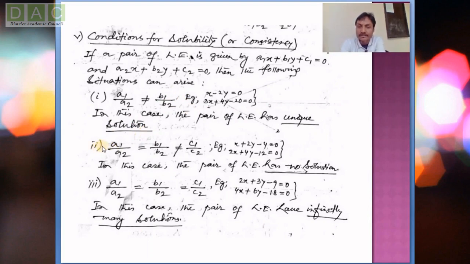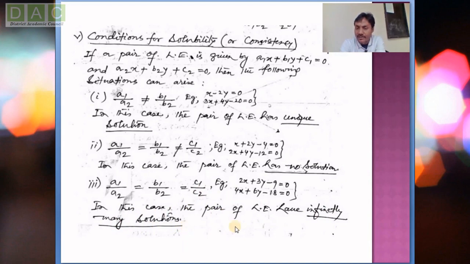Once again we see here, a1 by a2 equals b1 by b2 not equals c1 by c2. In this case, the pair of linear equations has no solution. The third one, a1 by a2 equals b1 by b2 equals c1 by c2. In this case, the pair of linear equations has infinitely many solutions.